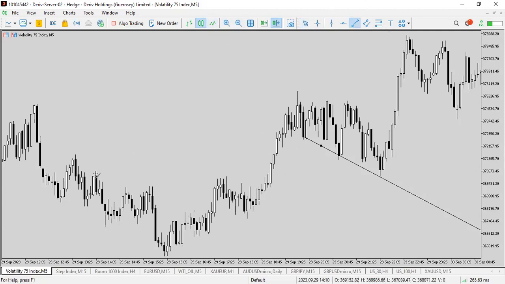Then we have this as what? As S and R, S and R. The point 3 must come below it.